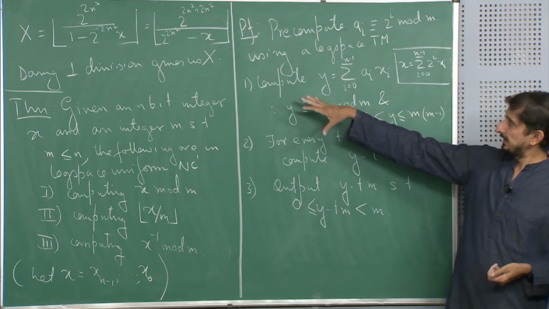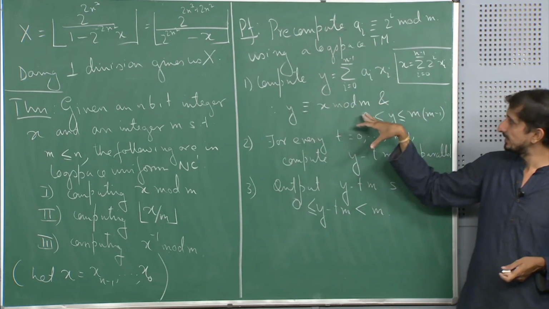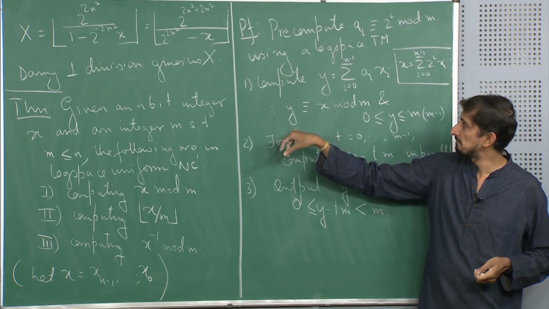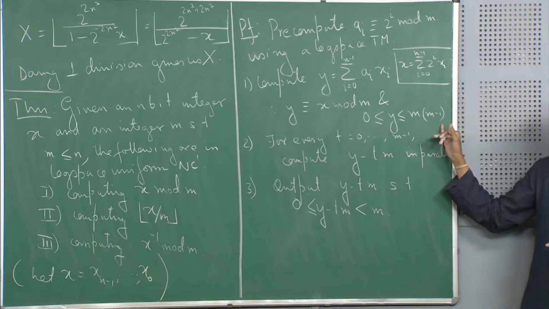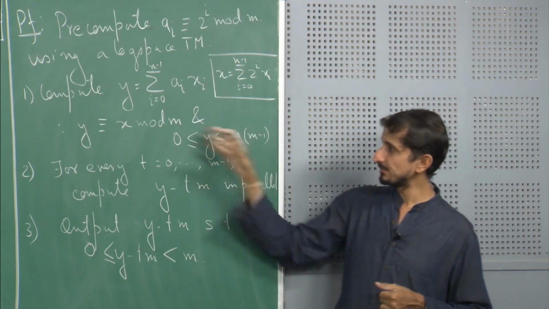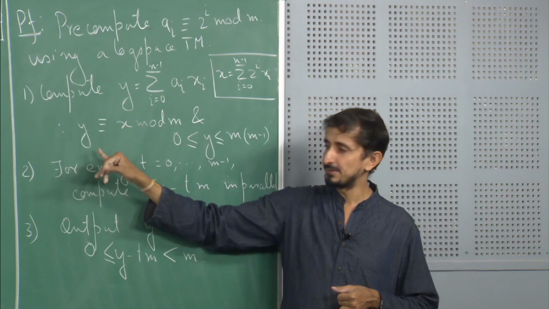The idea is that I have to compute x mod m. I reduce it to computing division with respect to y, where y is a small number. That is essentially all that I am doing here. From x I am reducing the problem to y, and I am proving that x mod m is the same as y mod m.